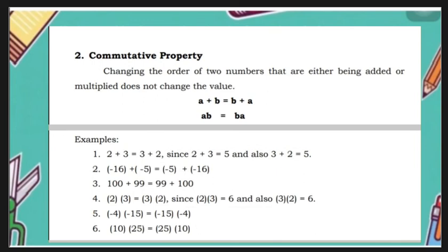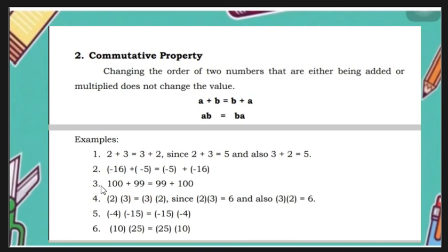For example, example number 1, we have 2 plus 3 is equal to 3 plus 2. So changing the order of two numbers, since 2 plus 3 is equal to 5, and also 3 plus 2 is equal to 5. So this is commutative property.